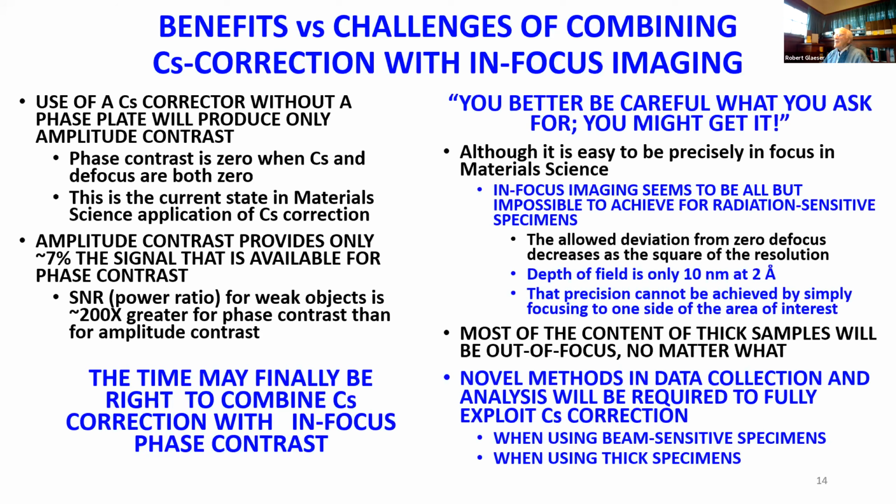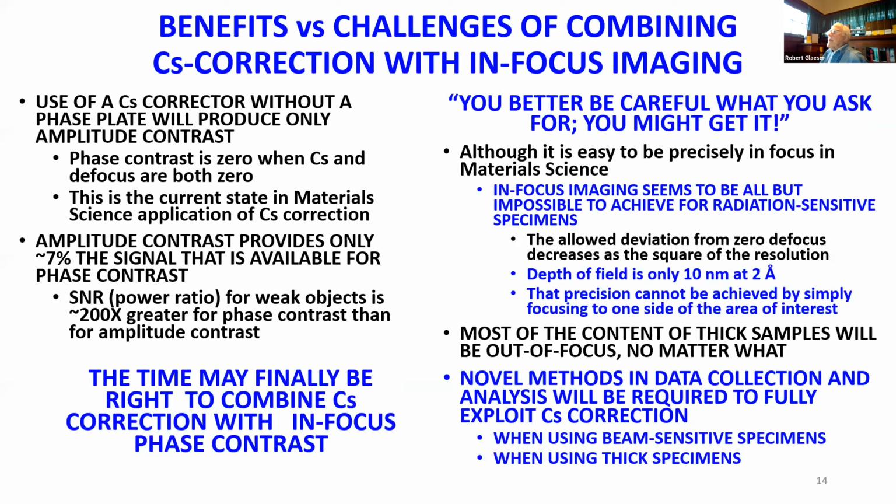Now, I used the familiar joke, you'd better be careful what you ask for, you might actually get it. And then what are you going to do? It's quite challenging to take advantage of the wonderful things one can dream about that would occur if we had spherical aberration correction combined with a phase plate.